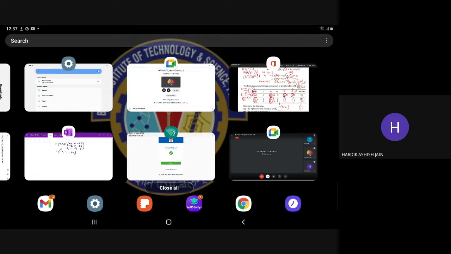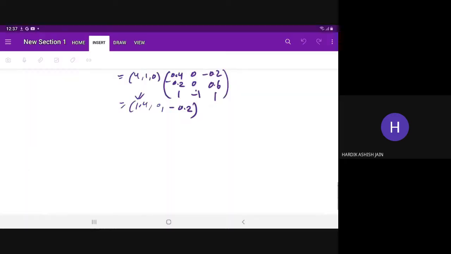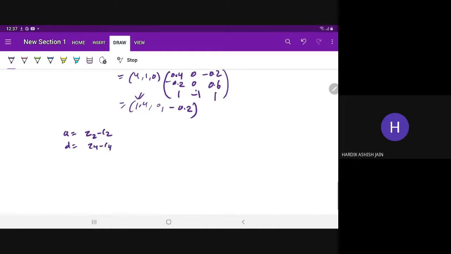Sir, we have all the values B and C, we are able to find easily using B inverse. Now for A, A is Z2 minus C2. D is Z4 minus C4, and E is Z5 minus C5.